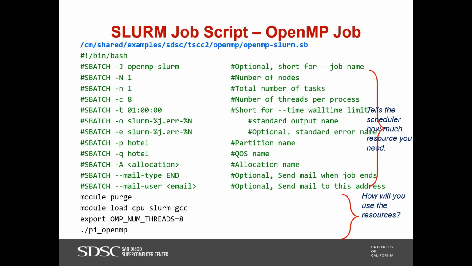I defined the OpenMP num threads to 8, so make sure I'm using 8 threads to run this OpenMP program, and then I just run the OpenMP program to get my calculation done.